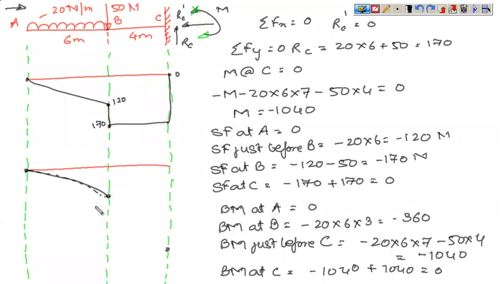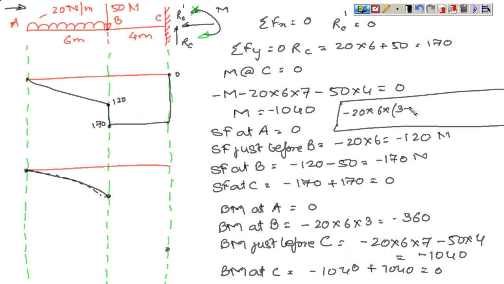From B to C, again, if you find out BM at a distance x from B, so the equation will be something like this, because you need to find out the variation between B and C. So this will be minus 20 into 6 into 3 plus x minus 50 into x.